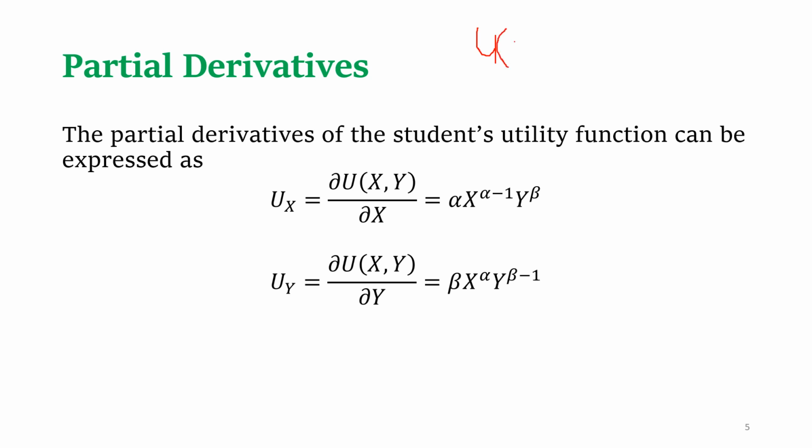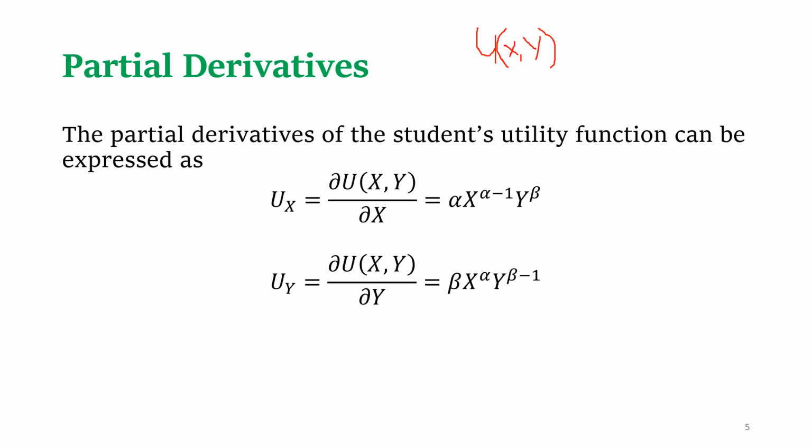Look at me here, what I'm doing. So I have x and then y here, right? So what did I say before? I said when you are differentiating the function with respect to one independent variable, if you have more than one independent variable, you have to hold the other variables constant, right?